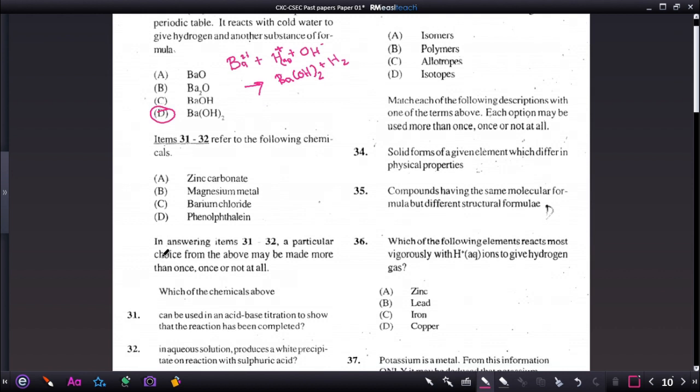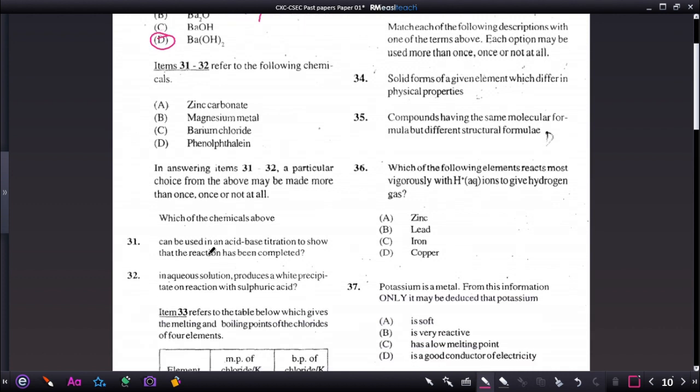Items 31 to 32 refer to the following chemicals: zinc carbonate, magnesium metal, barium chloride, and phenolphthalein. In answering items 31 to 32, a particular choice from the above may be made more than once, or not at all. Which of the chemicals above can be used in an acid-base titration to show that the reaction has been completed?